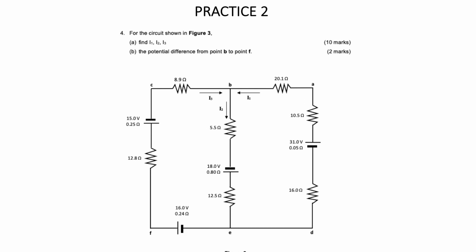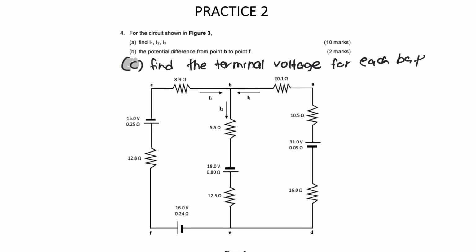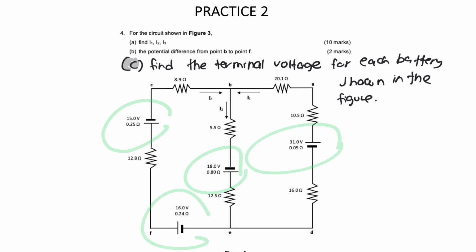But at the same time, I want you to add another question, C: find the terminal voltage for each battery shown in the figure. That means you need to find the terminal voltage for this one, this one, this one, and this one. You have 4 terminal voltages.